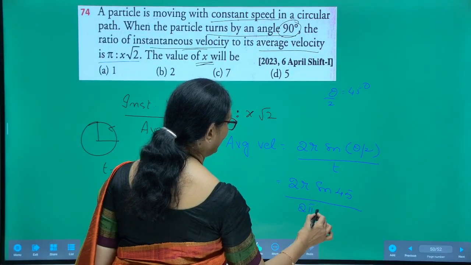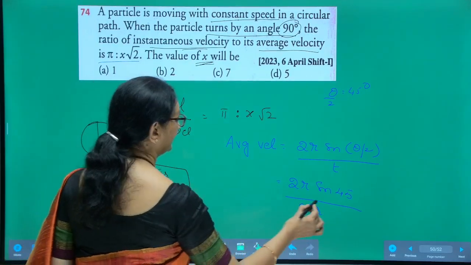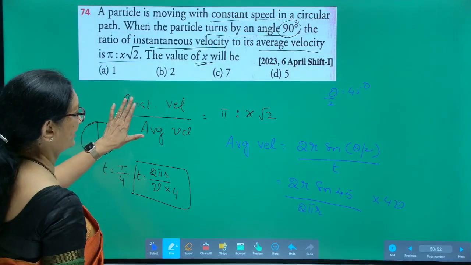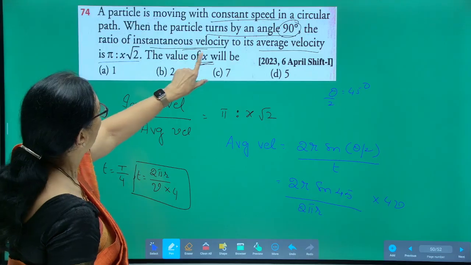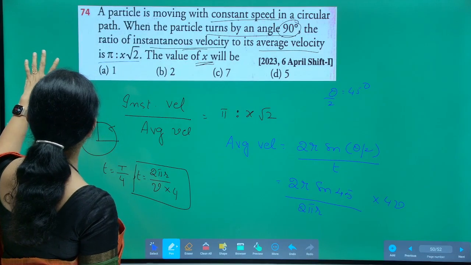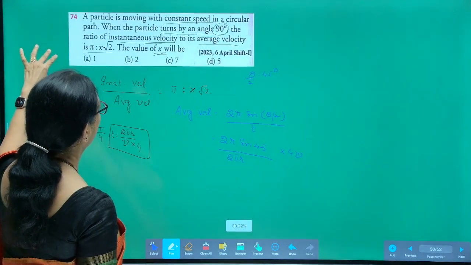2 pi r divided by 4v. Just substitute that over here. You are supposed to find instantaneous velocity to average velocity, right?